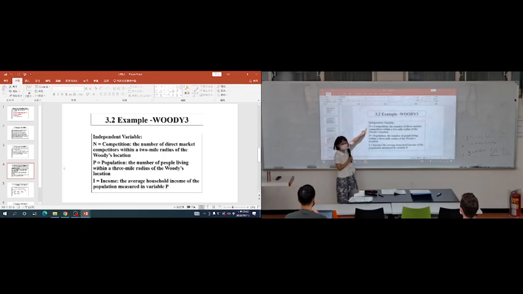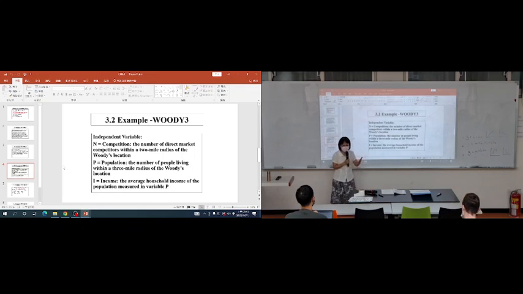If you have more, then the sales go down. So if we denote this competition as N, then the coefficient of N will be negative. So by reading the literature, you will also expect the relationship between this x variable and the y.